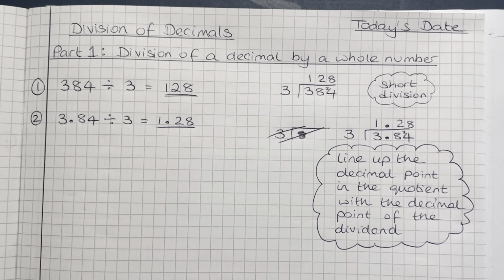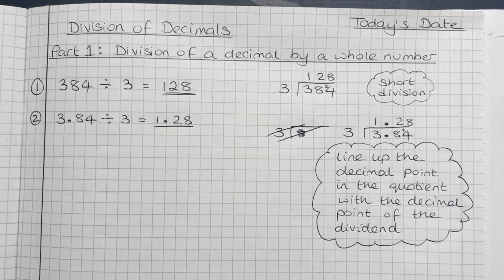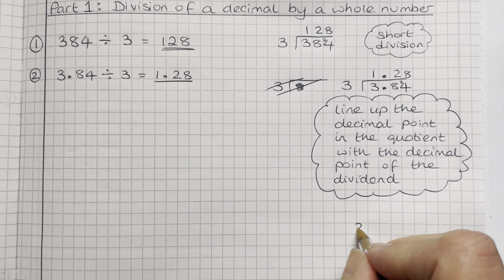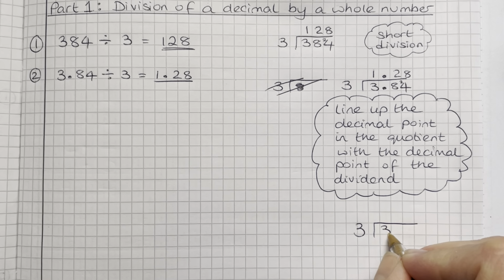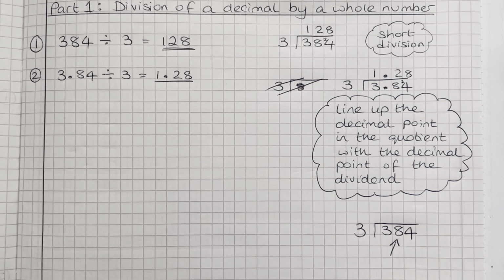Maybe we need a quick little reminder about those terms as well, quotient and dividend. So let's just put another little learning bubble in here. The number that we start with, that is our dividend.